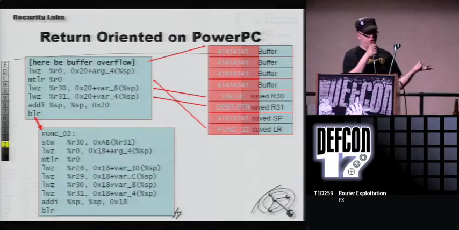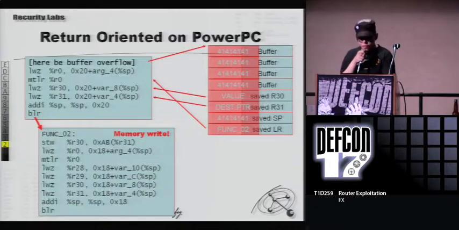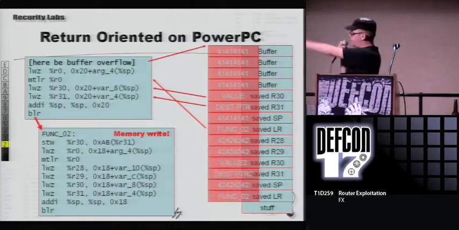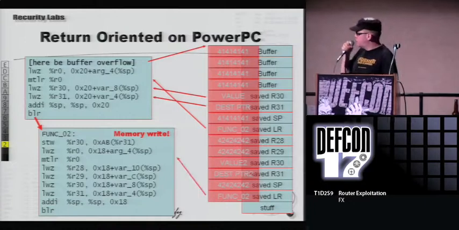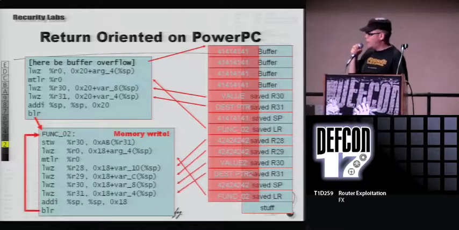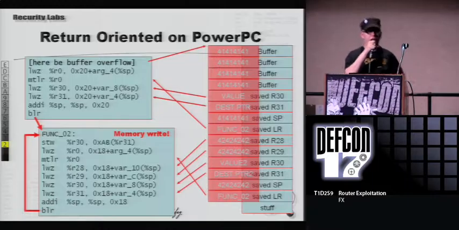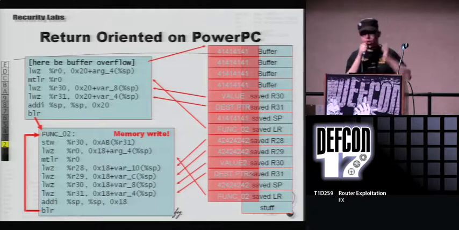So you're already controlling R30 and R31, and now you get an arbitrary memory write, which is good. And then you can keep continuing doing that. So you fill the rest of the stack with the next stuff, which gets restored into the registers. And then you return again to this function. This way you can actually write arbitrary values to known addresses in the address space.